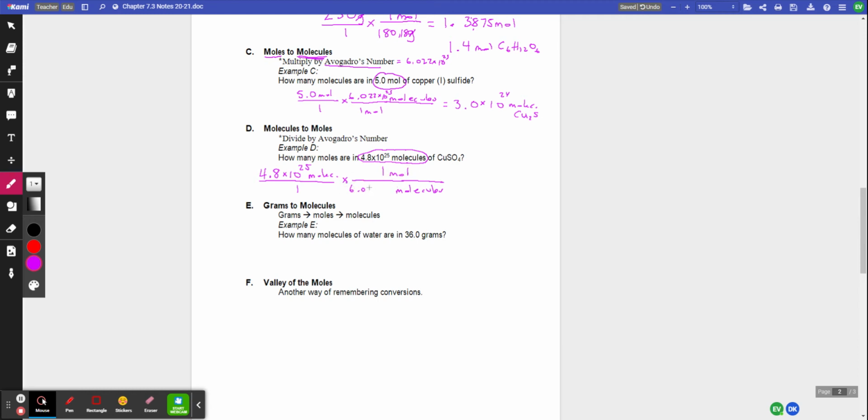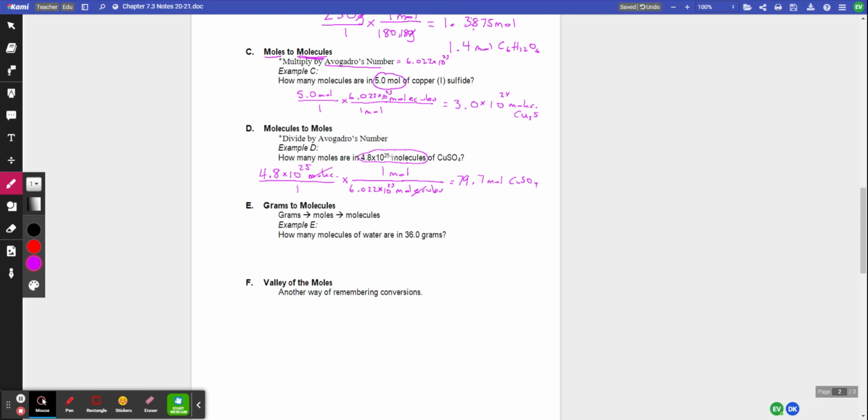Again, there's 6.022 times 10 to the 23rd molecules per mole. And now all we have left to do is take 4.8 times 10 to the 25th and divide by 6.022 times 10 to the 23rd. And we will get 7936.7 moles of CuSO4.